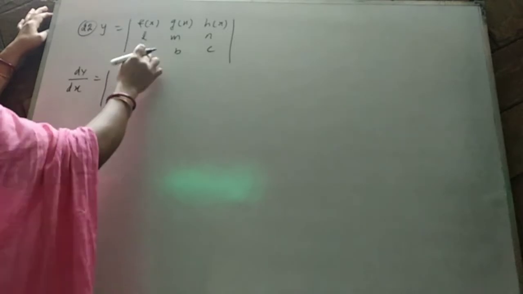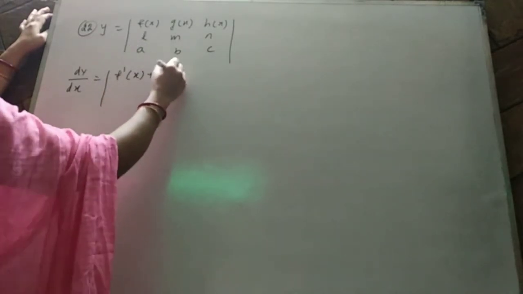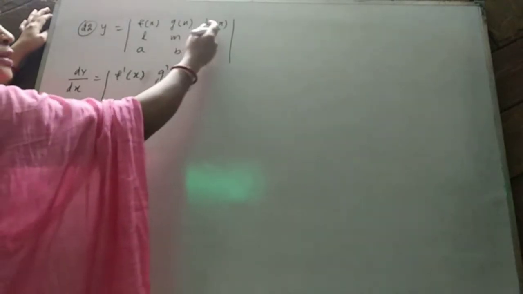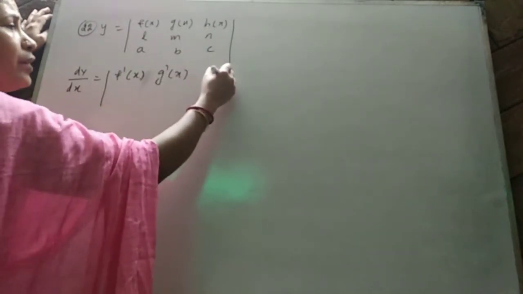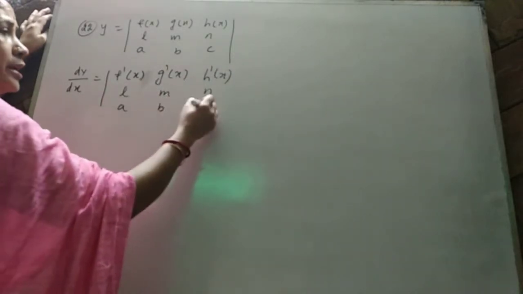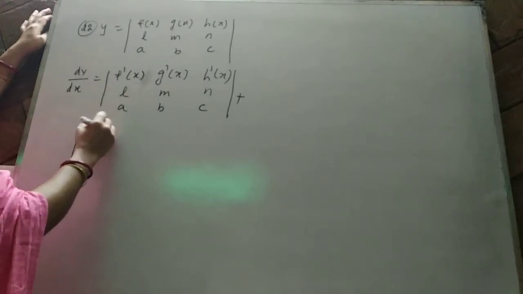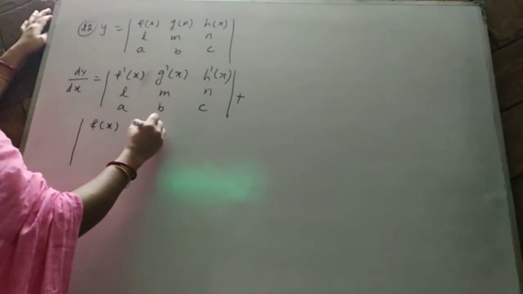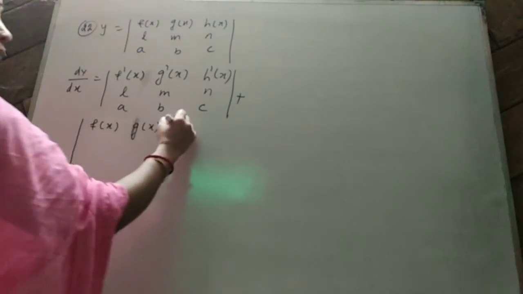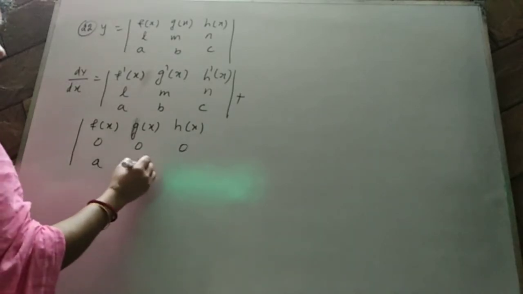Now suppose I keep the second row and third row constant and differentiate the first row: f dash of x, g dash of x, and h dash of x. The other elements I'm keeping constant, A, B, C. Plus, if I do the second row differentiation, the first row I'm keeping constant: f of x, g of x, h of x, and the second row, which is constant, differentiates to 0, 0, 0.